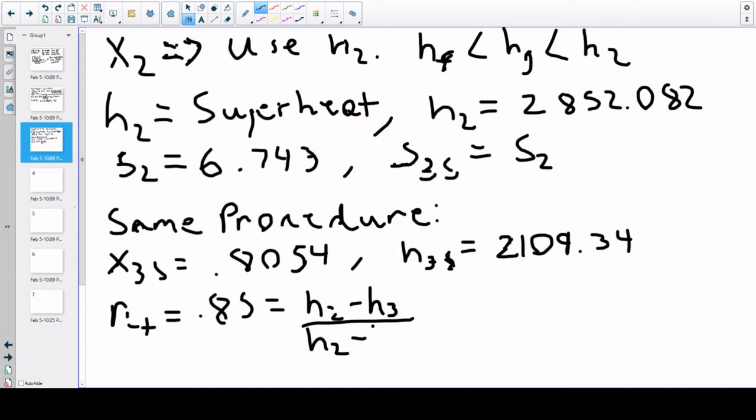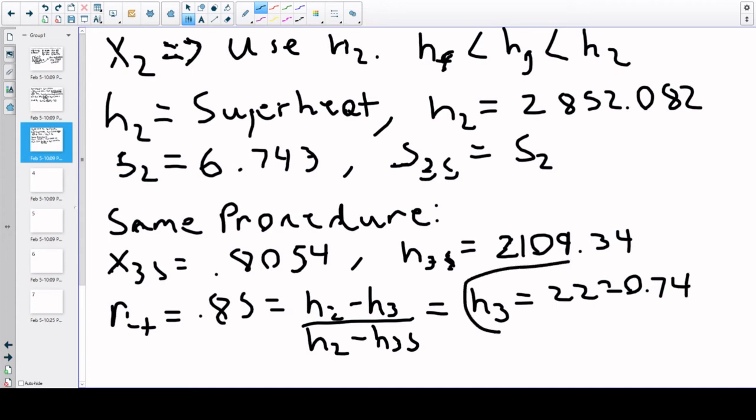And so we end up with an H3 value that is 2220.7485 or something like that. But anyway, those are the values that we should take away from this page, our H2 and our H3 value.